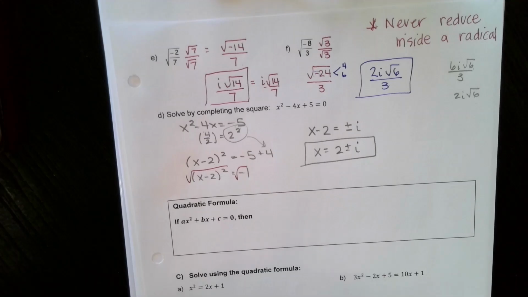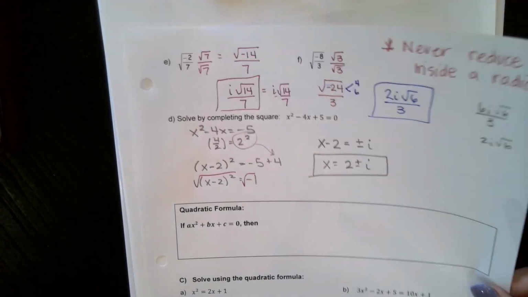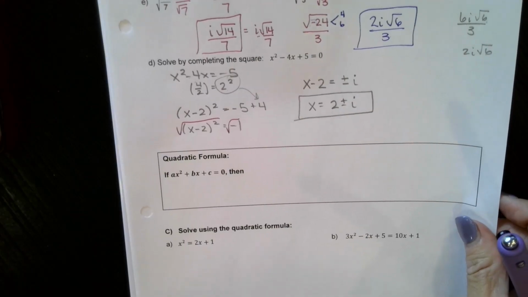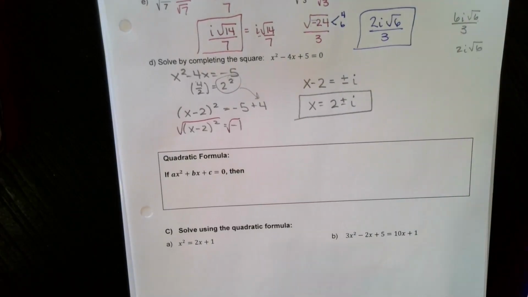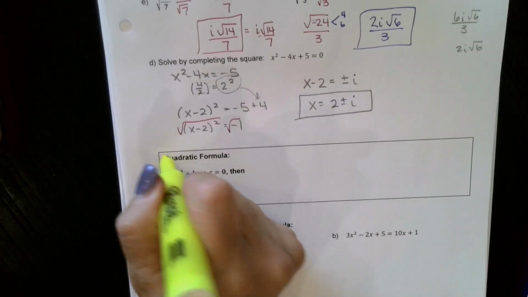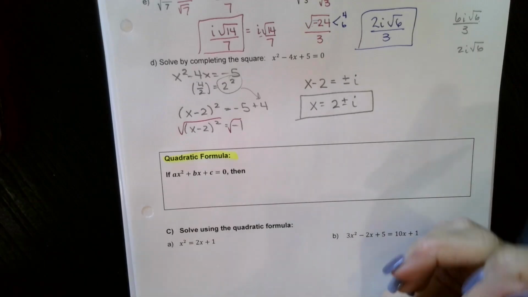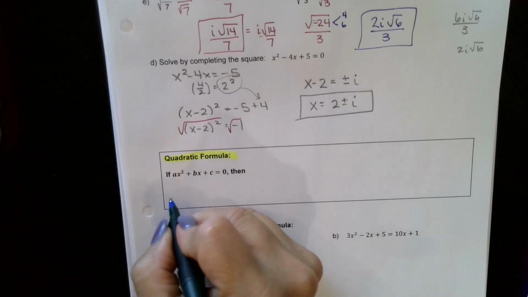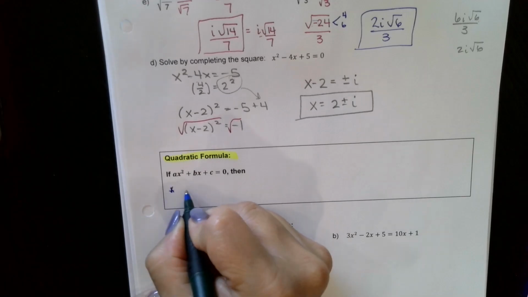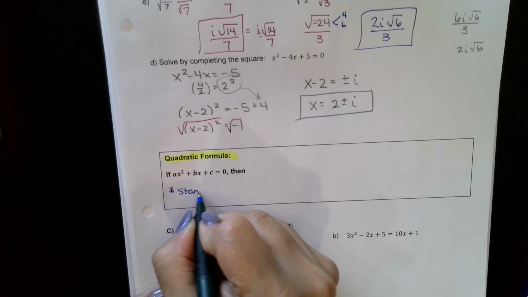Okay, now the third way that we can solve quadratics, and remember what we're solving, is with the quadratic formula. And so if you have me in class, you're going to hear me sing-song this. I'm hoping that gets in your brain and you never forget it. So quadratic formula. First thing you have to have, this has to be in standard form.